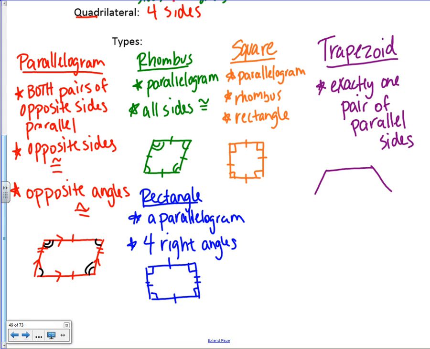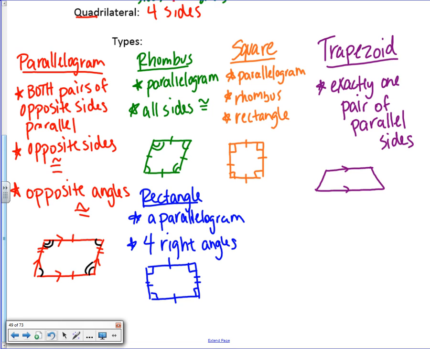And a trapezoid looks like that. Oops. I'll put the wrong markings in there, sorry about that. Those are parallel. They are not congruent, they are parallel. If it's an isosceles trapezoid, then these sides over here would be congruent. Okay, but that's only if it's isosceles.